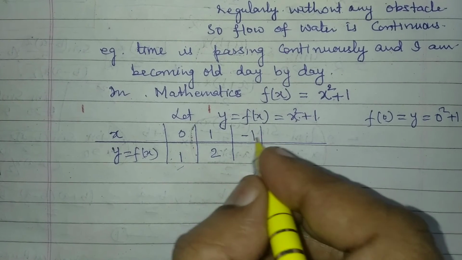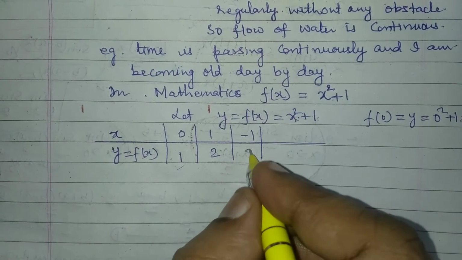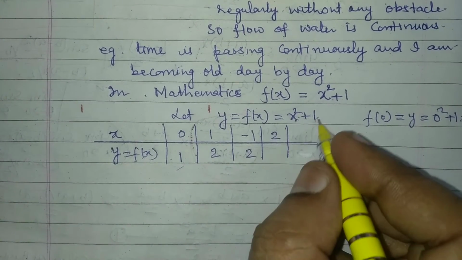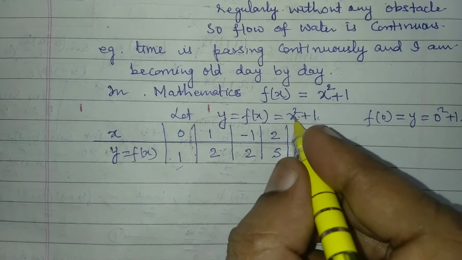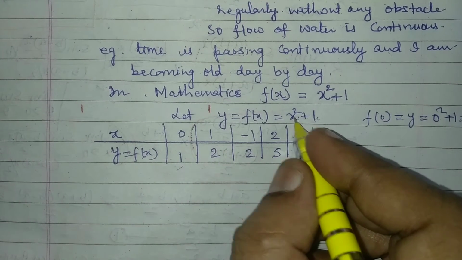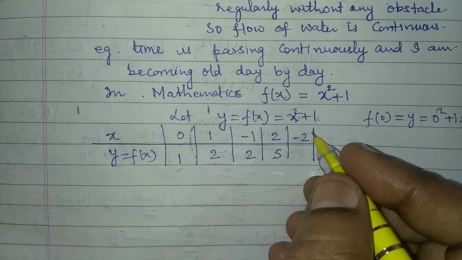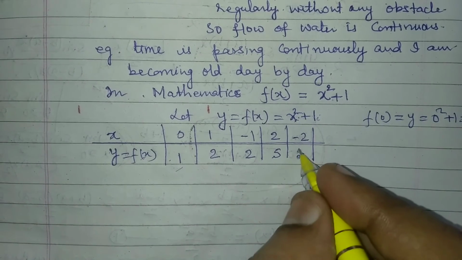If we take minus 1, square plus 1, then again 2. If we take 2, 2 square plus 1 is 5. And minus 2 square is 4 plus 1, then it is 5.